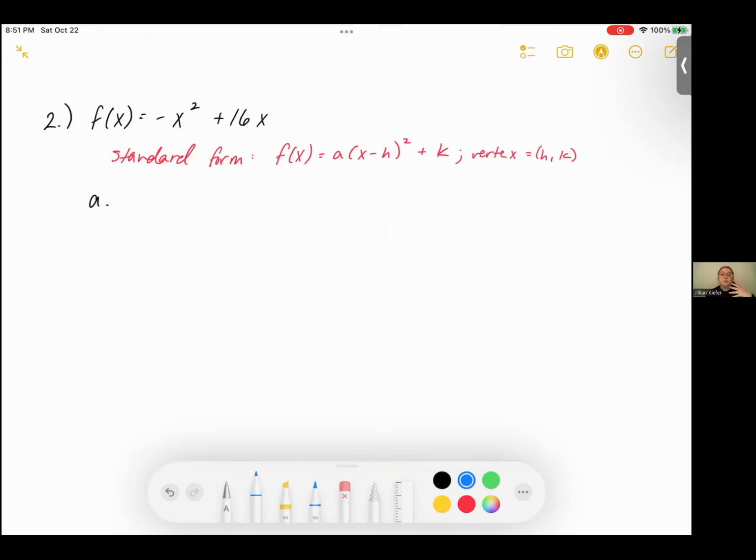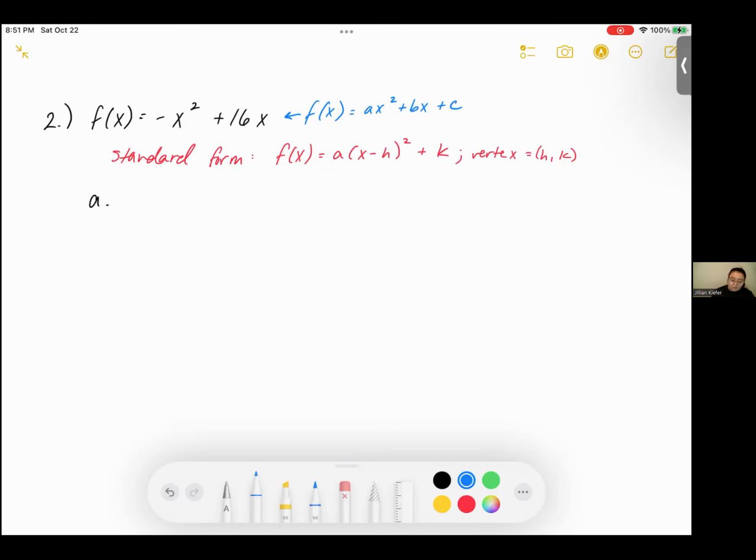So we want to turn our equation into standard form. One thing to notice is that the form we were given, the form you're usually going to be given, is f of x is equal to ax squared plus bx plus c. That's what this form is already in.